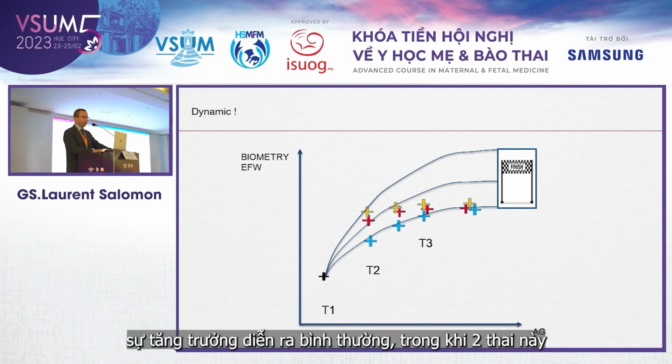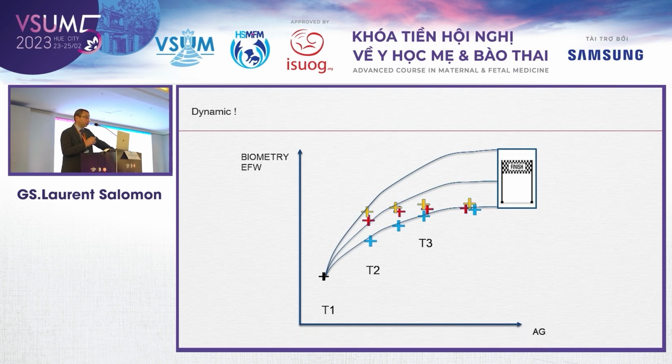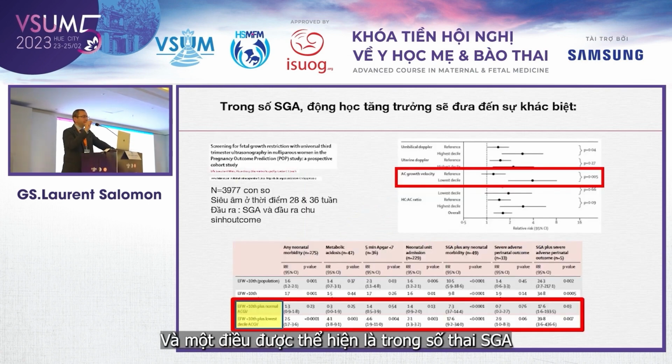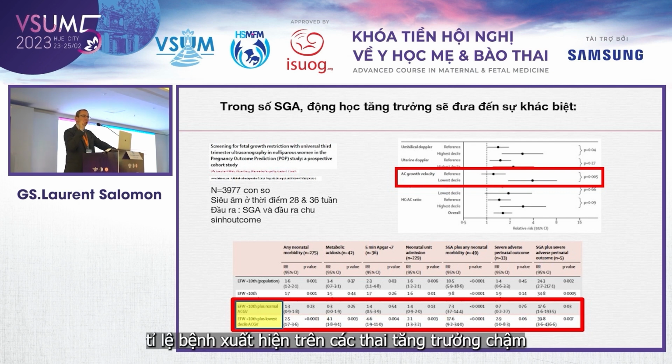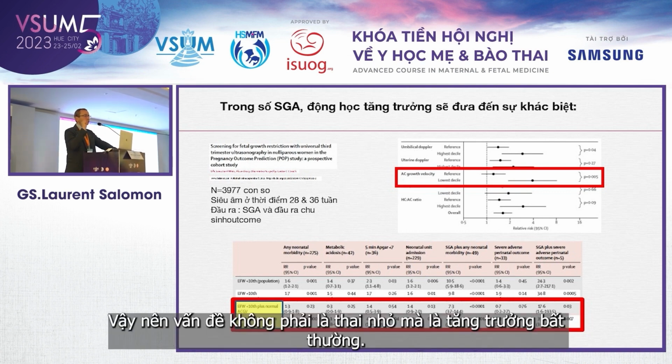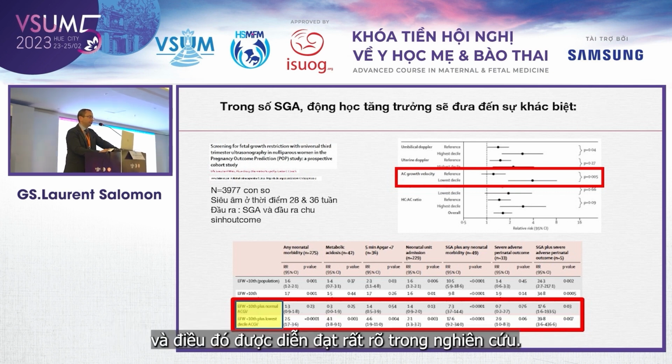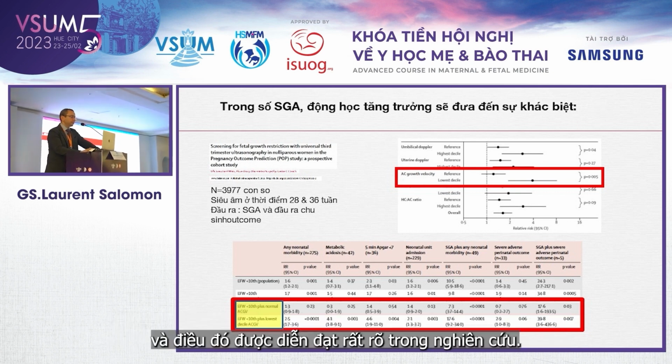The dynamic of growth is normal, whereas these two fetuses are not small, but still they are growth restricted. And it was shown that among babies that are small for gestational age, the morbidity occurs in those babies who have a slow dynamic of growth. So the problem is not being small, the problem is having an abnormal growth, and it was very well demonstrated in that study by Soviel.